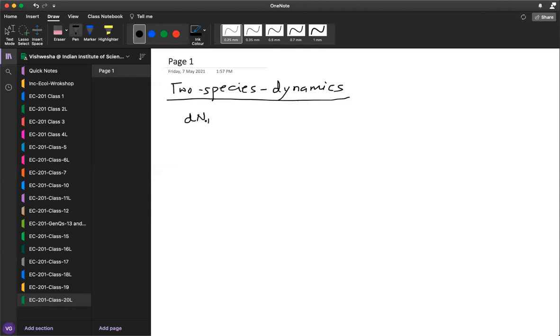If the two species numbers are denoted by n1 and n2, the growth rate of species 1 depends on the abundance of both 1 and 2. Likewise, the growth rate of 2 depends on the abundance of both 1 and 2. And these f1 and f2 are the growth functions. They need not be the same because 1 and 2 grow differently.